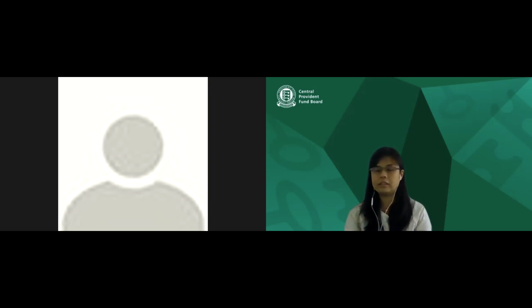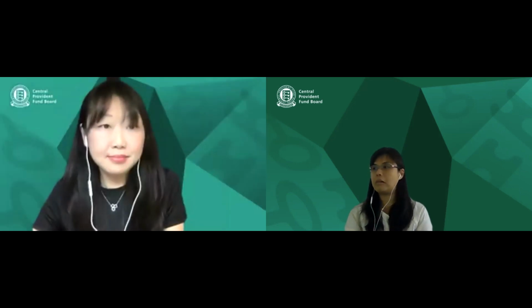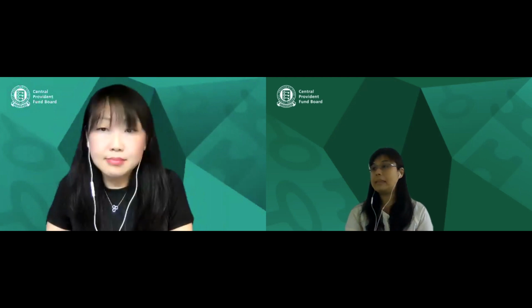Besides that, we have also done a round of enhancements to our service centers, moving towards some form of digitalization, where we have self-help kiosks, so that we can guide members who are not so confident to use digital solutions, with the help of our service counter staff, so that when they go back, they can do that themselves. That is another thing that we have done to try to address the problem.